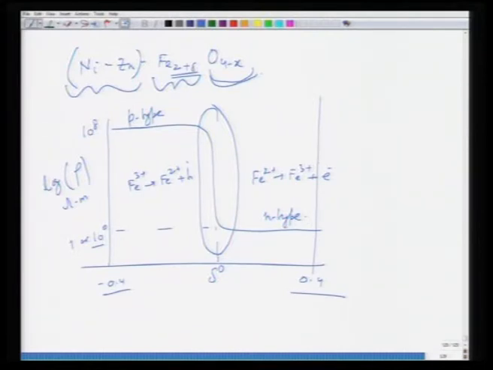Of course, you have competing factors like nickel 2+ to nickel 3+, and you have oxygen vacancy playing its role as well. So, a combination of these effects gives rise to a large change in the resistivity of this material, and this is an important point to note for these materials.